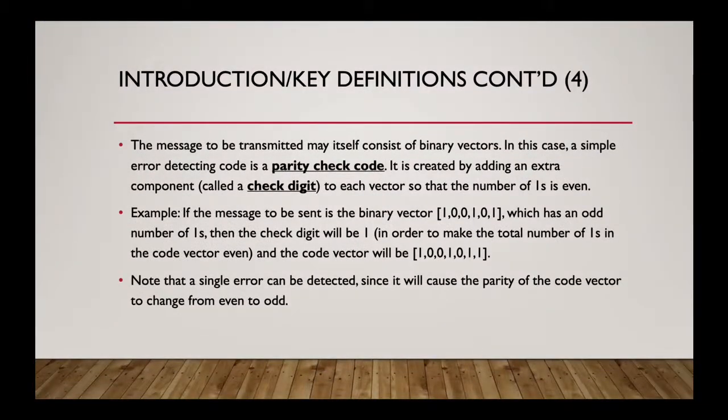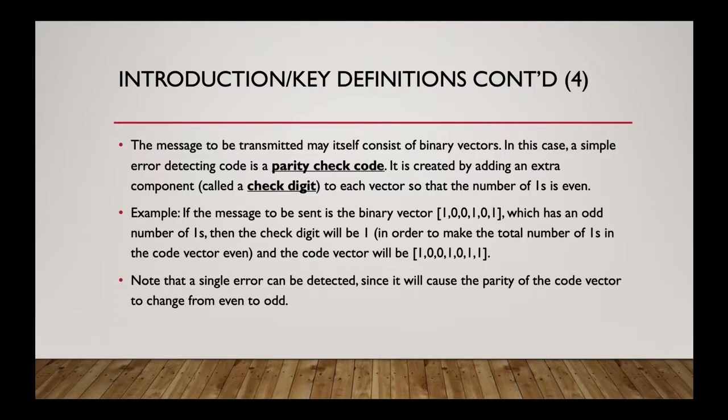The message may itself consist of binary vectors, which is just 0s and 1s. In this case, it was a parity check code, and it was created by adding an extra component called a check digit to each vector so that the number of ones is even.